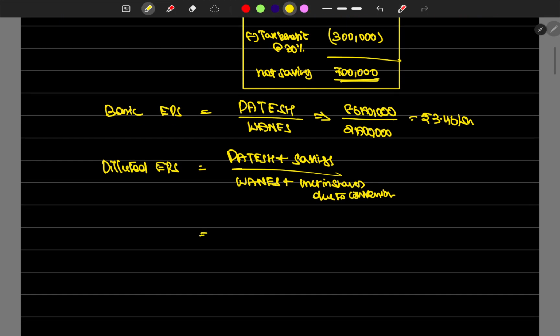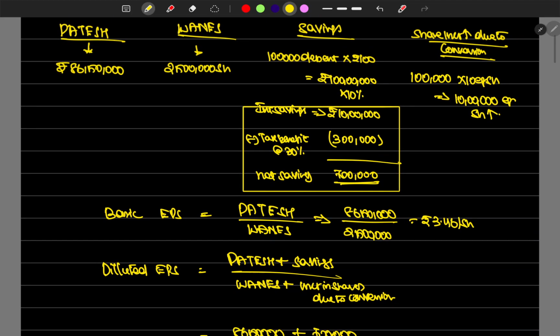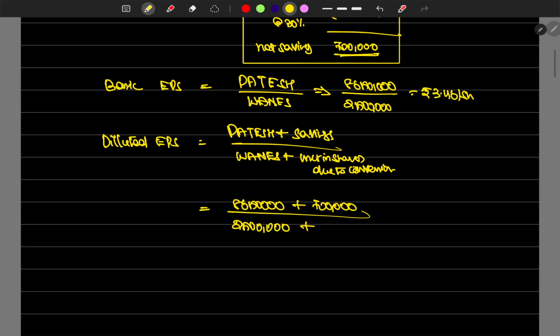Okay, so what's the numerator here? 86,50,000 is the numerator, plus we found the net saving, 7 lakh, divided by 25 lakh is the denominator, plus the increase in shares due to conversion, which is 10 lakh shares, right?